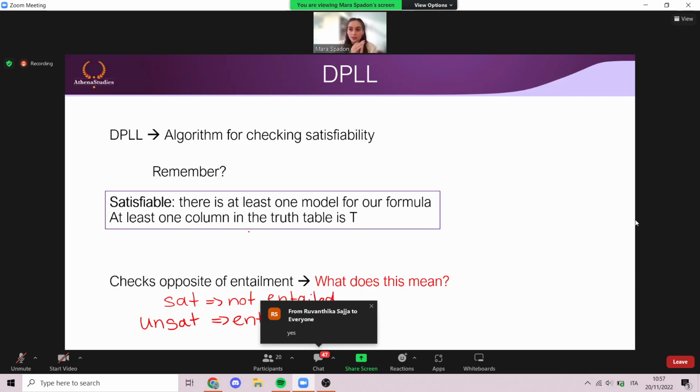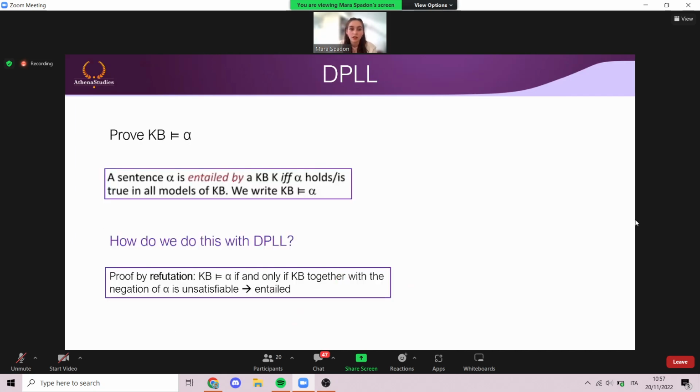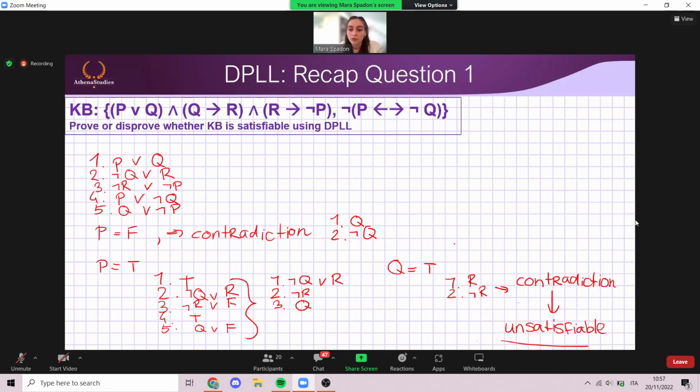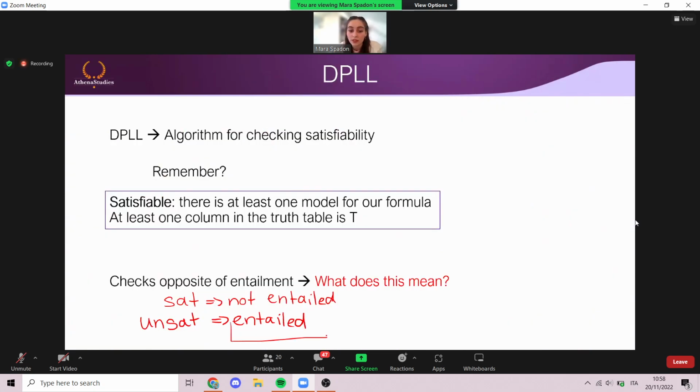The thing is, satisfiability is the opposite of entailment. So when is something entailed? It is entailed if alpha holds for all models of the knowledge base. So in our case with DPLL, because it checks satisfiability, we can say when we come to the conclusion that something is unsatisfiable, then it is entailed because it is the opposite.